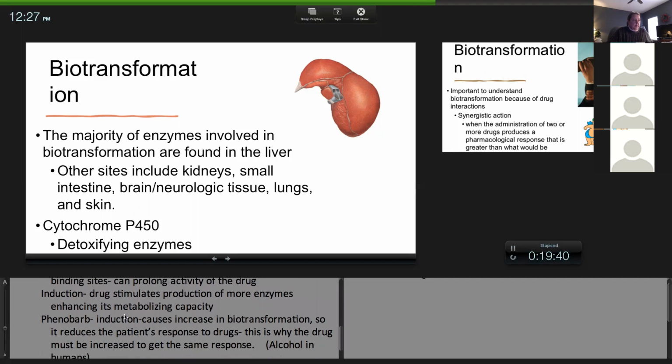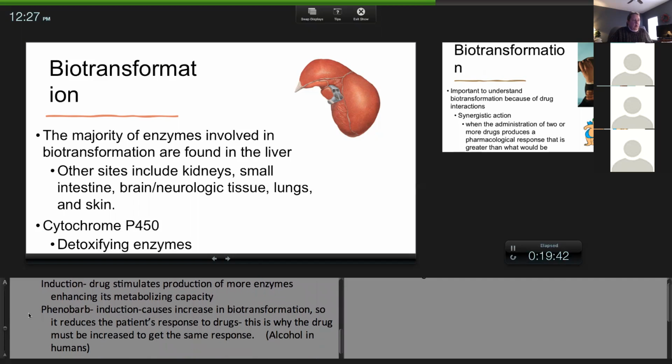So now there is a note I'll read to you down here. I remember I have taught pharmacology once, but when we talked about phenobarbital, and when animals are put on phenobarbital, usually long-term for seizure control, it can cause an increase in biotransformation.